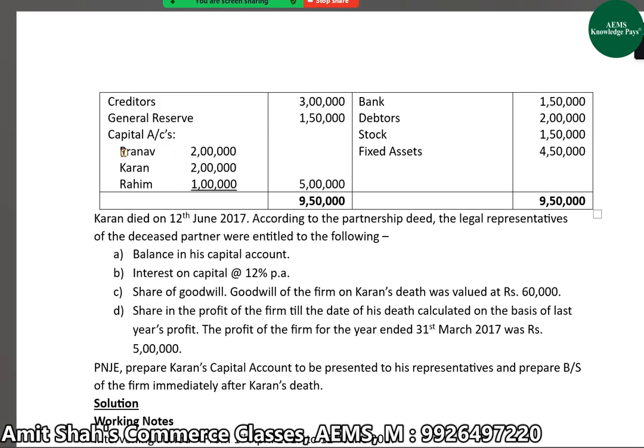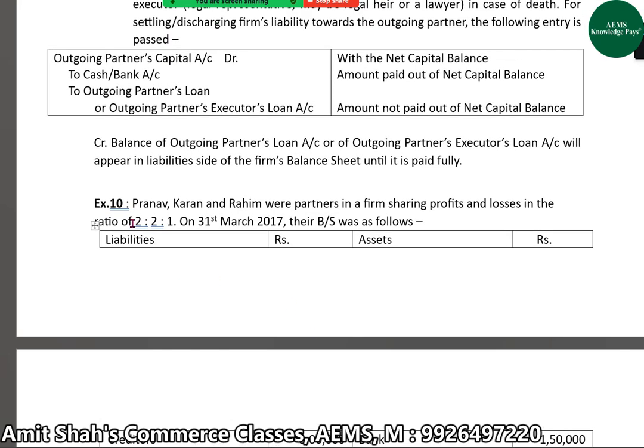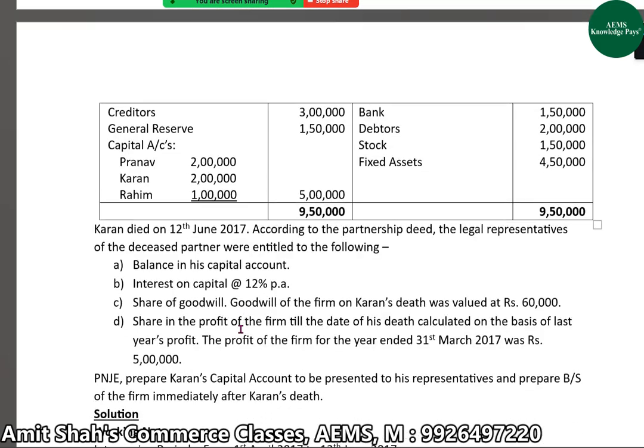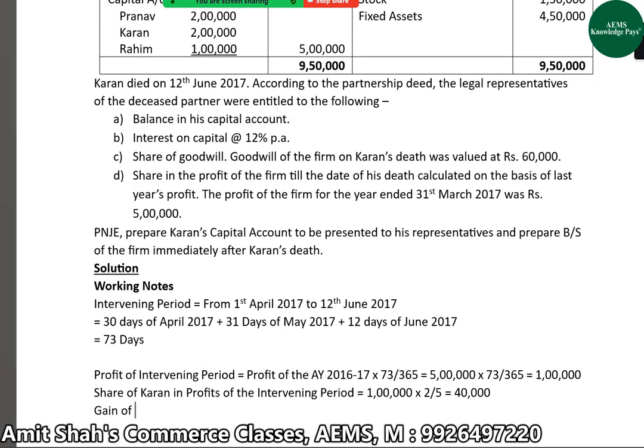Gain of Pranav and gain of Rahim we have to calculate. Why gain? Because what would be their new profit sharing ratio is not given to us. So in that case, we will assume that their old mutual ratio, that is 2:1, would be their new profit sharing ratio. So gain of Pranav is equal to new proportion minus old proportion.